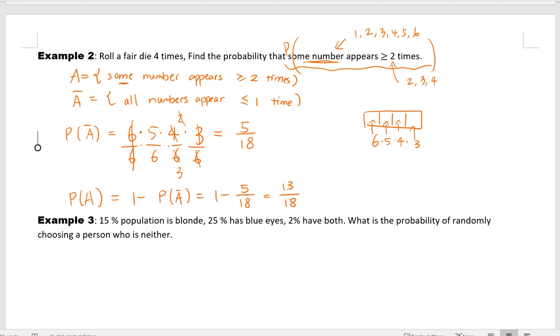Okay, so this is much easier than computing the probability directly, because you would need to think about which number, since there could be 1, 2, 3, 4, 5, 6 numbers, so you have different cases. And after you fix a number, you want to think about how many times that number appears. It could be 2, 3, 4. So a lot of sub-cases. That's a lot of work. But here, when we compute the complement, it is much easier.